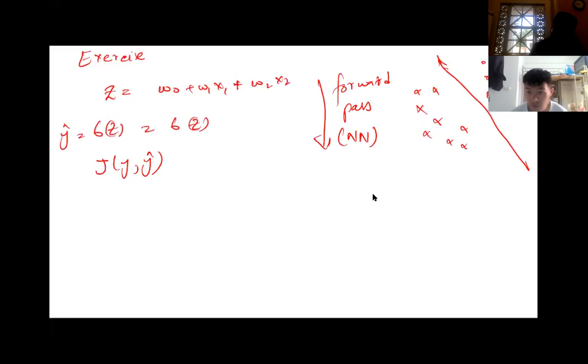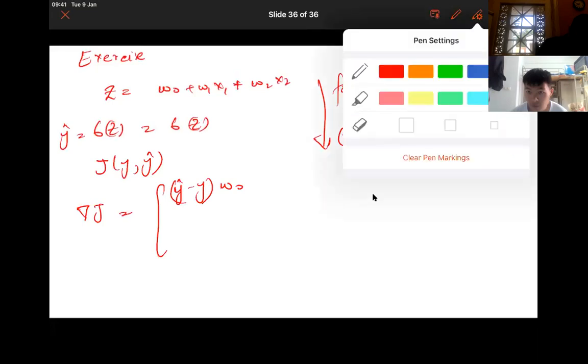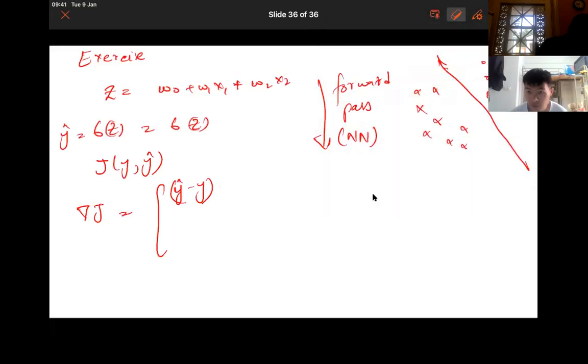After that, you will calculate the gradient of your cost function, which would be y hat minus y, times 1, y hat minus y times x1, y hat minus y times x2. Once you have this, you would, of course, start with initialization of w.